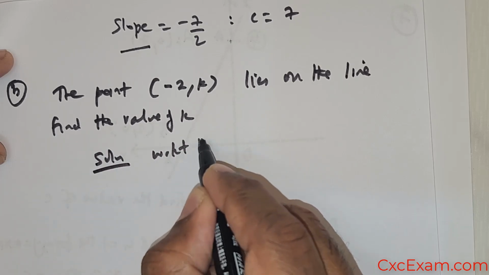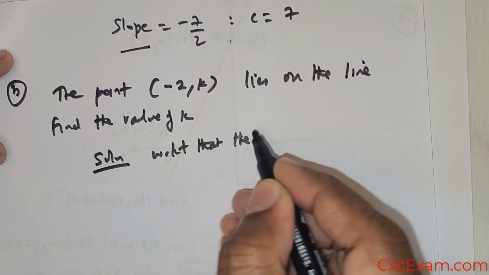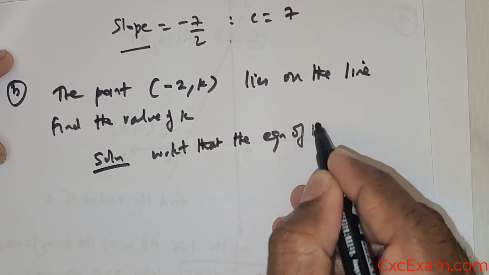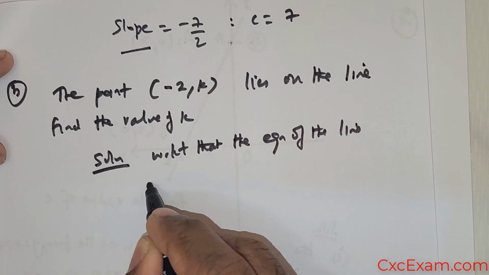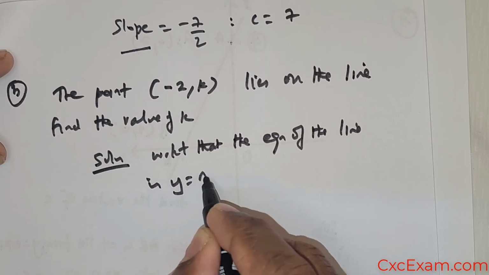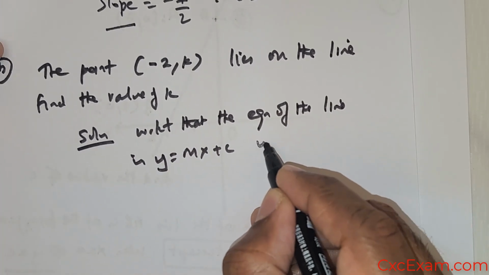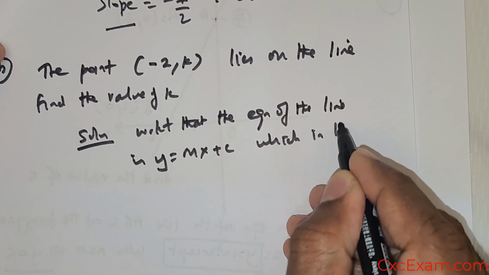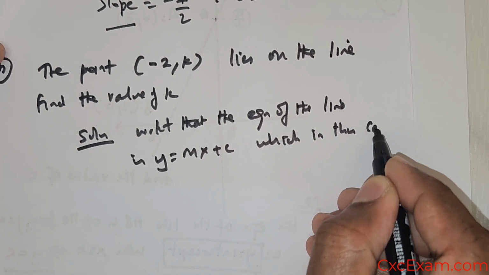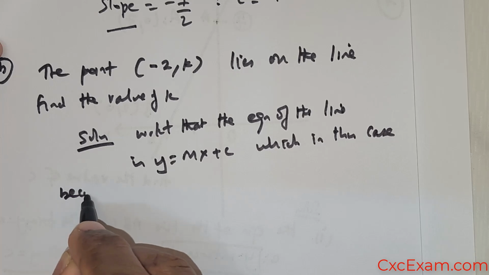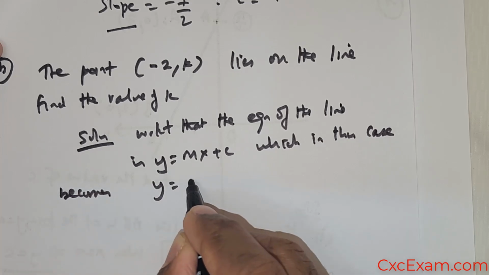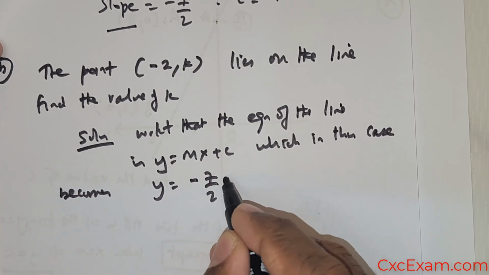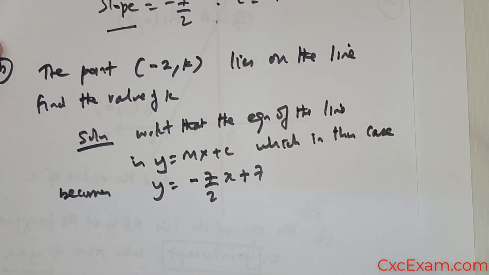We know that the equation of the line is y is equal to mx plus c, which in this case becomes y is equal to negative 7 over 2 times x plus 7.